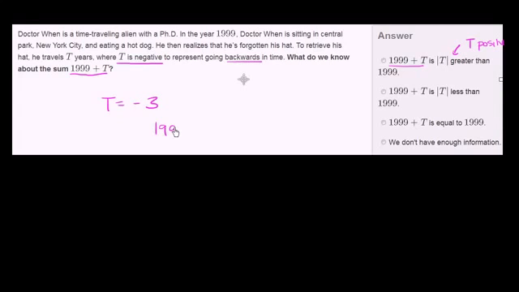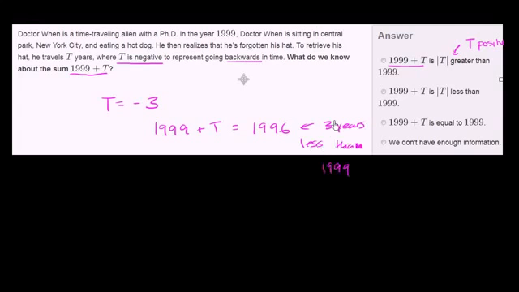Then 1999 plus T would be equal to 1996, which is 3 years less than 1999.